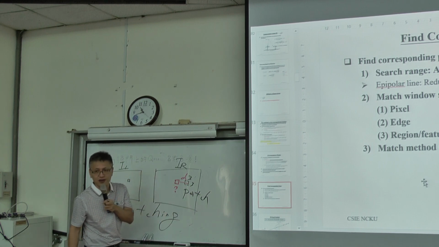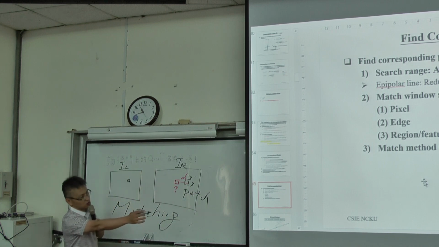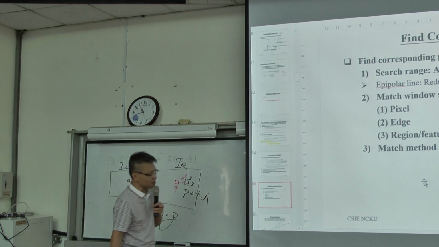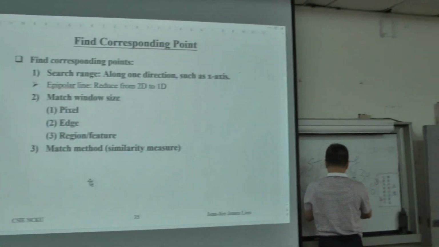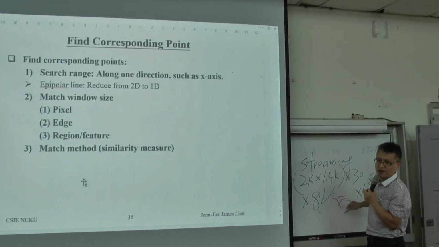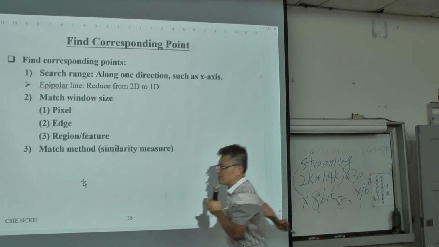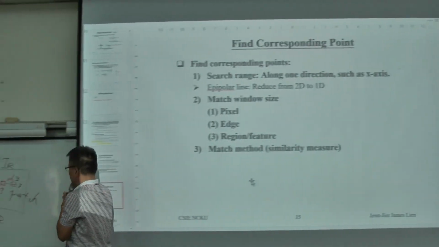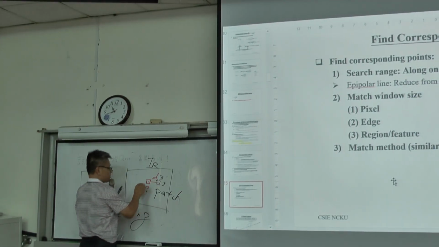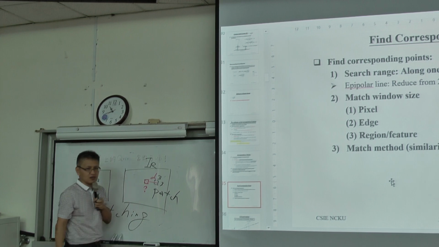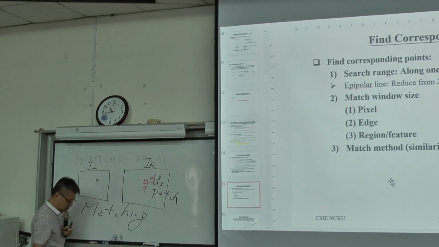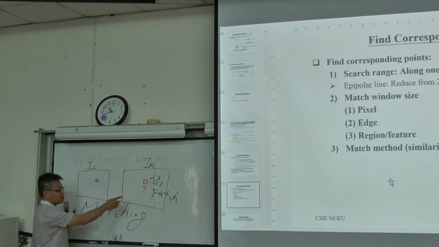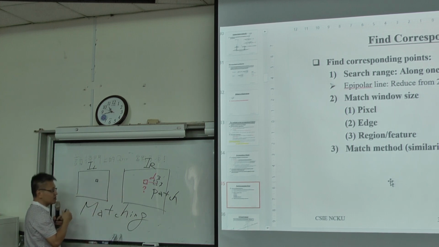Because 5 by 5 streaming 会更慢，再加上 search range 和 window size 要更多。So first of all is the page size, 3 by 3 or 5 by 5. More than 5 by 5 is just slow. And the second one is your search range.